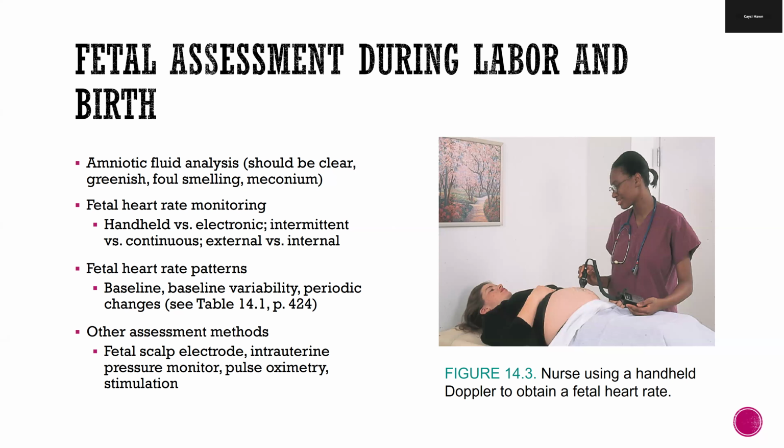Now, fetal heart rate patterns, we need to be looking at the fetal heart rate baseline. We need to look at the baseline variability, and we need to be looking for any periodic or episodic changes.